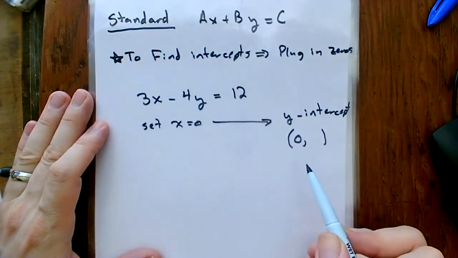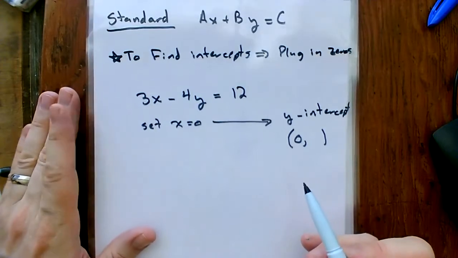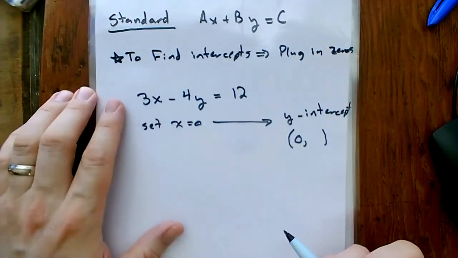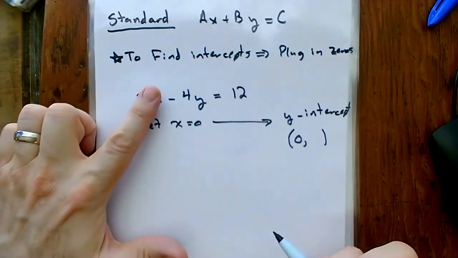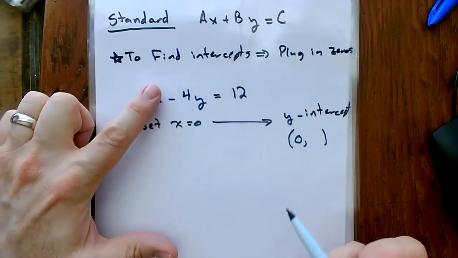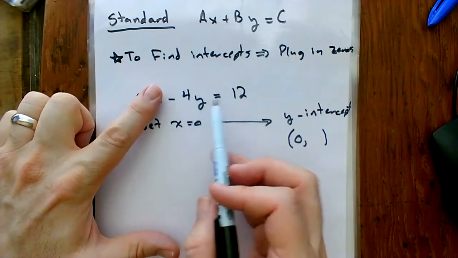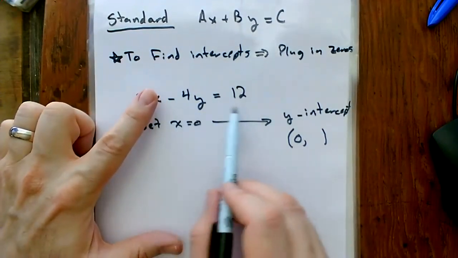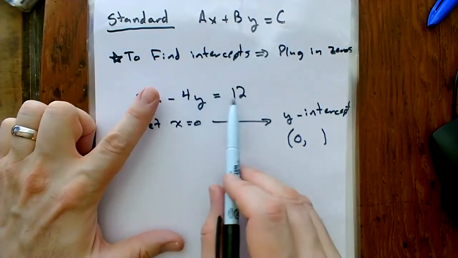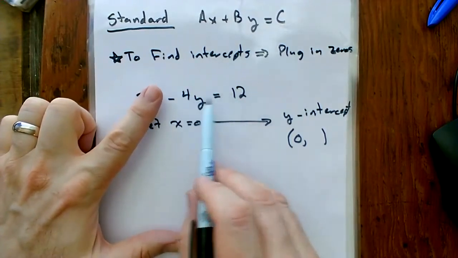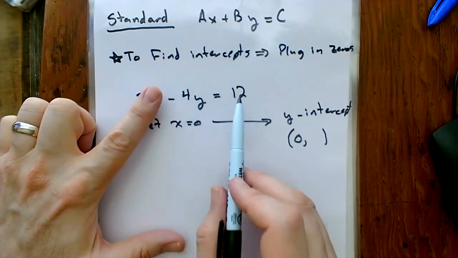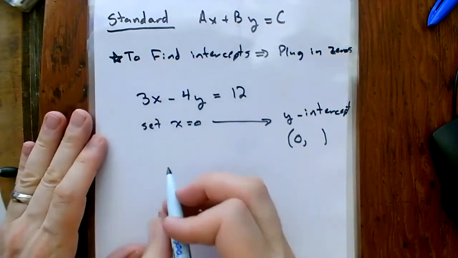What happens when I plug in a 0? 3 times 0 is 0, so I'm just left with -4y = 12. What happens when I divide both sides of this equation by -4? I should end up with y = -3, but let's show you what that looks like.